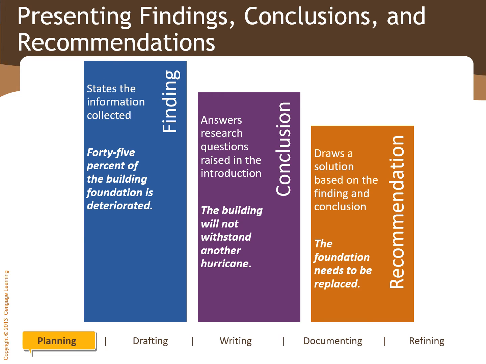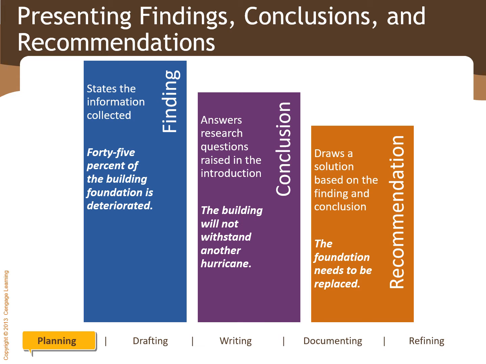So you have found out in this research investigation, in this report, that 45% of the building is already gone, is already damaged. So what is the conclusion? What is the result? What is the outcome? It's that this building will not be able to withstand any other future damages.